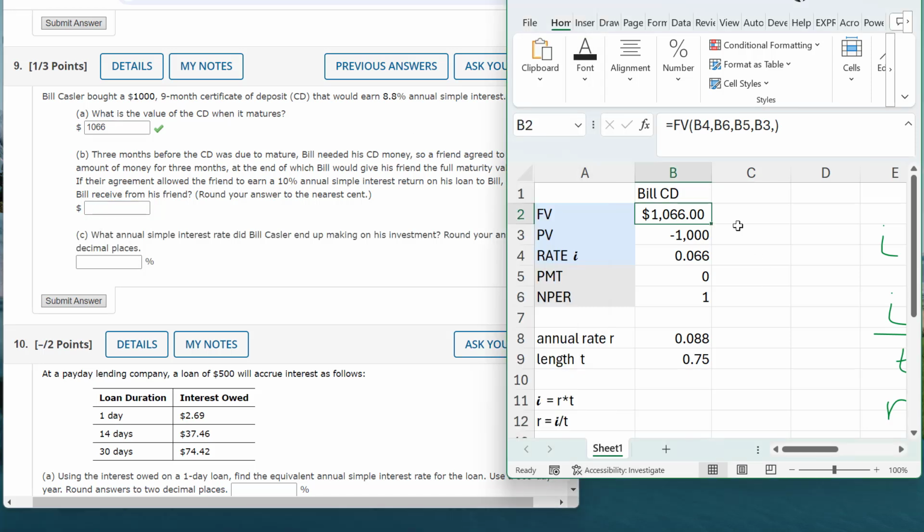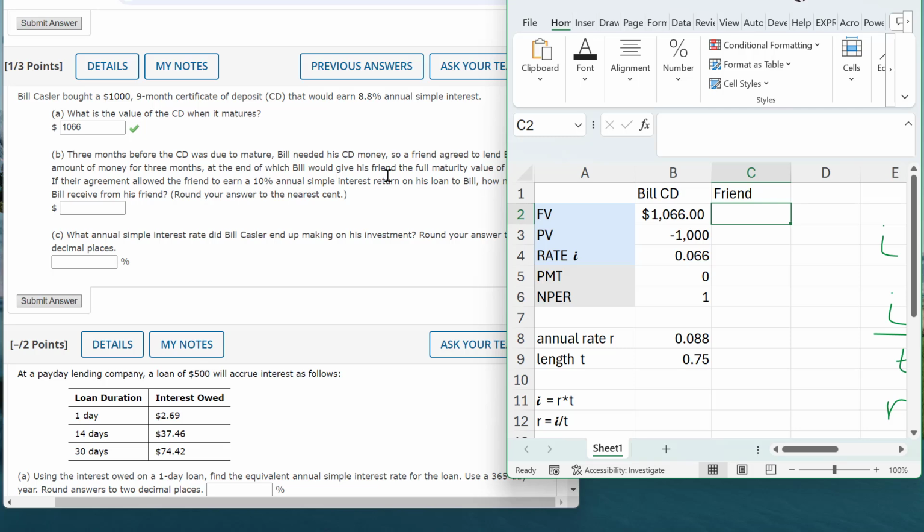Got it. Okay. Then here comes the friend. 3 months before it's due to mature, the friend is going to give Bill some money, and the friend will get back the CD value. So the friend will end up with the $1,066. The friend's investment is only for 3 months.